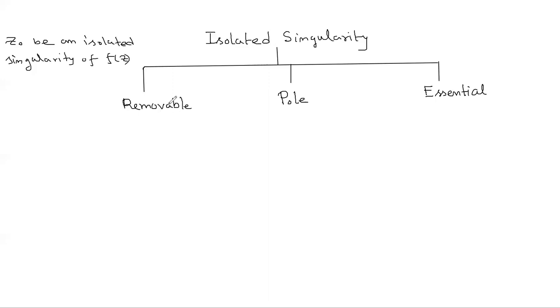Now this z0 is a removable singularity if limit z tends to z0 of f(z) exists finitely in C.